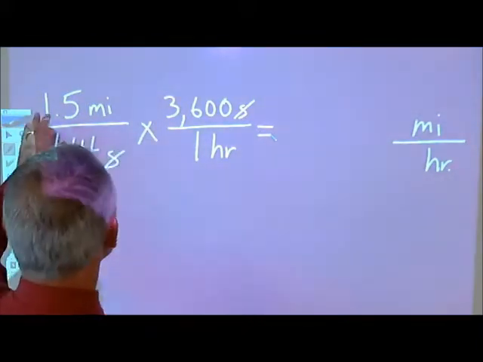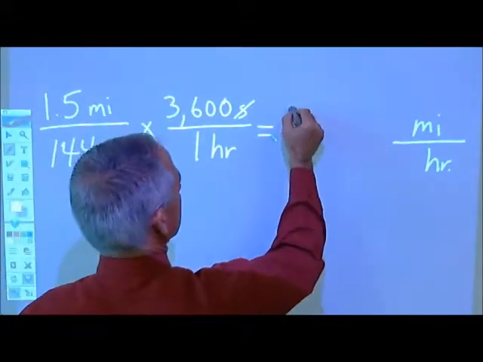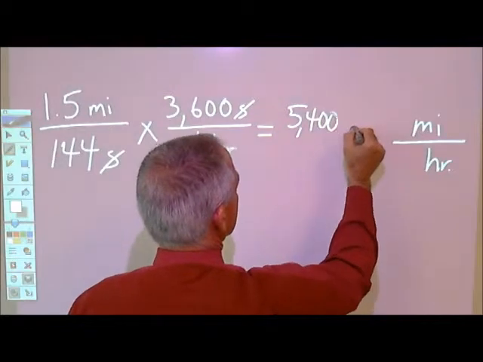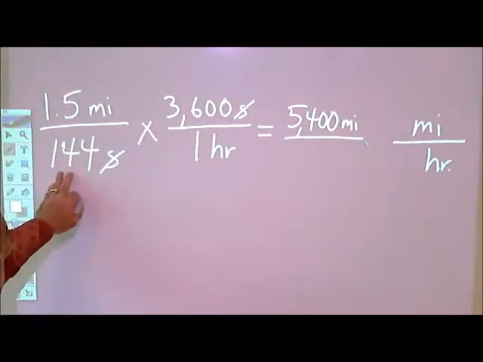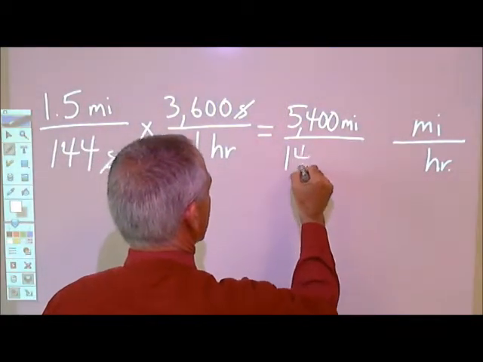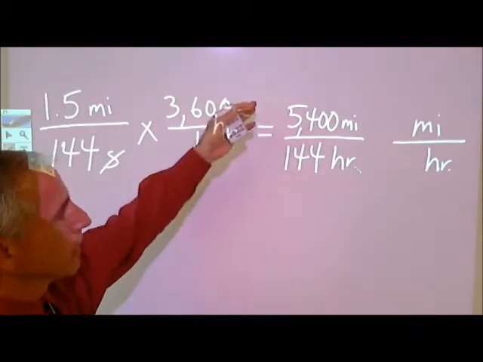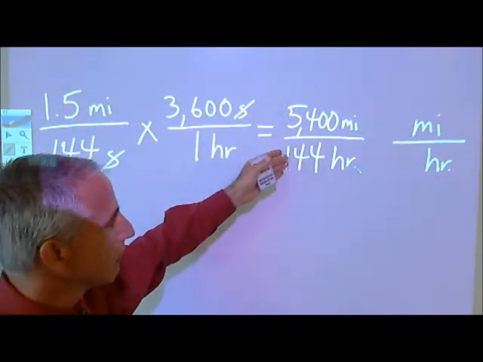Now all I have to do is multiply 1 5/10 times 3,600. Gives me a grand total of 5,400 miles over 144 times 1, so 144 hours. Same thing here. We don't want to know how many miles he ran in 144 hours.